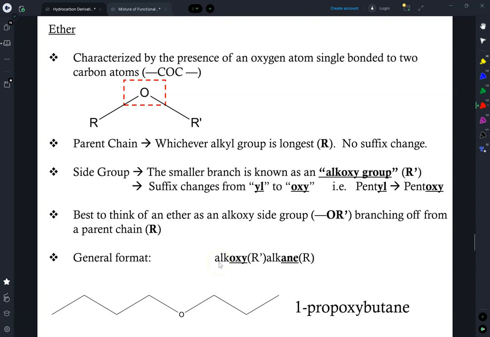Similar to carboxylic acids, ethers also contain an oxygen bridge. And whichever side of the oxygen bridge is longest will become the parent chain. Since the left side is longer with 1, 2, 3, 4 carbons, the parent chain is called butane.